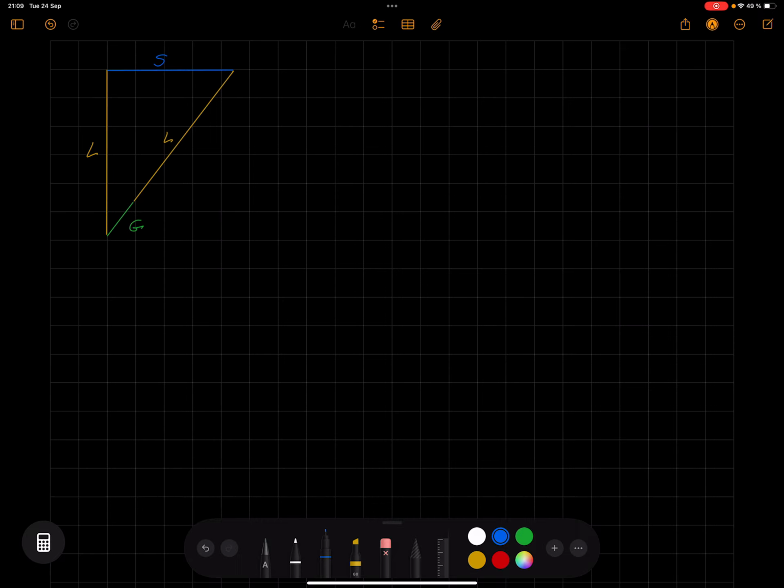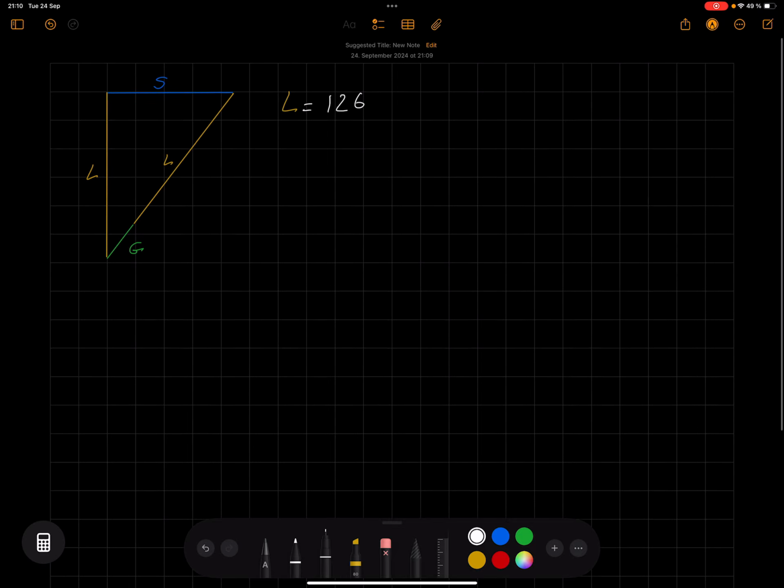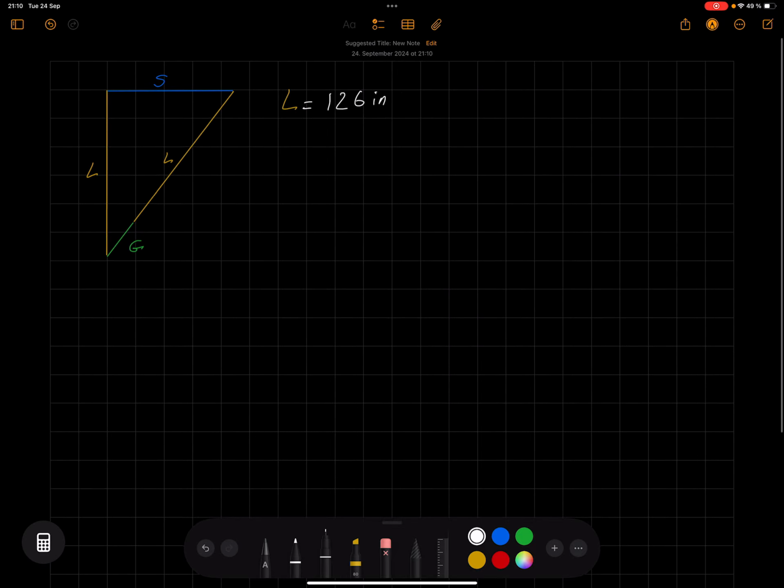Okay, guys, so as I told at the beginning, L is equal to, what was equal to, so we can say 126 inch.